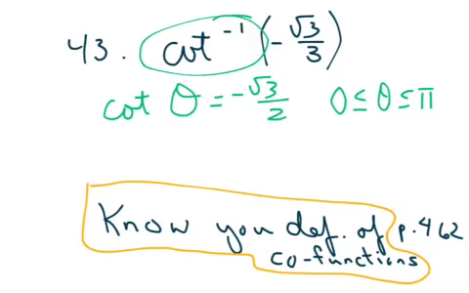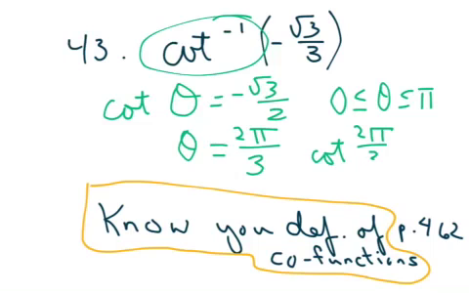So when you look on your chart, you notice that theta would equal 2 pi over 3, because cotangent of, oh, we're starting the wrong one. I did the wrong one, because cotangent of 2 pi over 3 equals negative root 3 over 3.